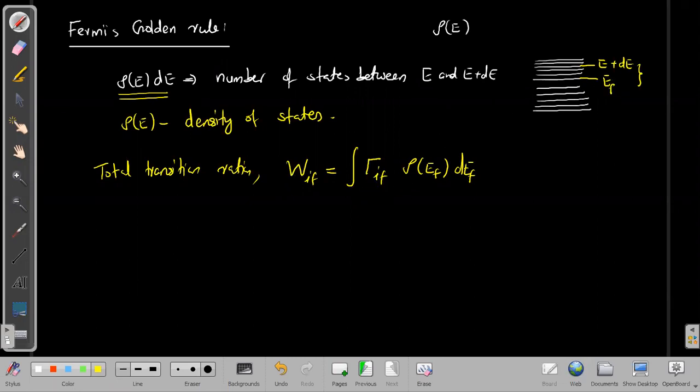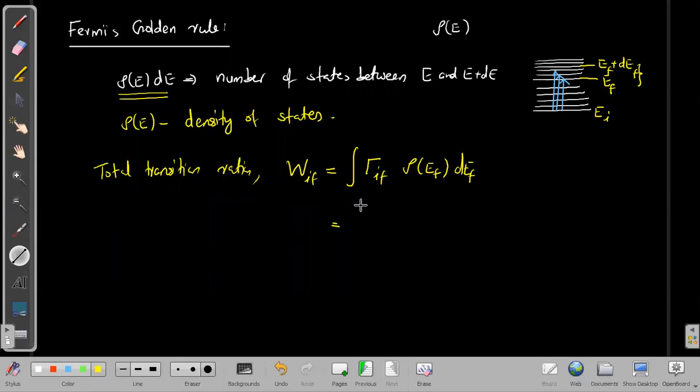Suppose these are E_F, E_F, E_F, and this is E_I. If you want to know the total transition rate, first you should know the transition rate from E_I to E_F, then E_I to some higher energy level, then E_I to some other energy level, and so on. If you add all those transition rates, we get the total transition rate.